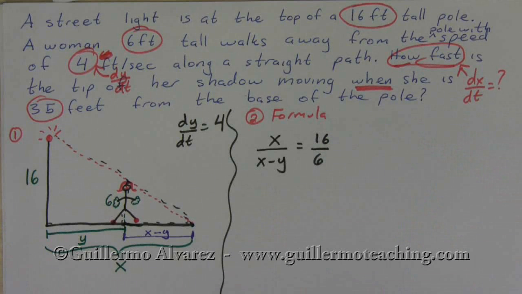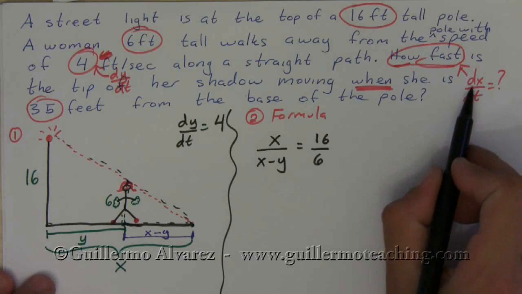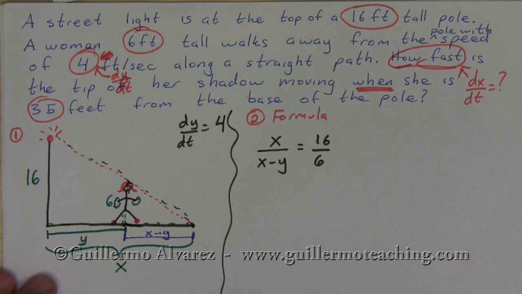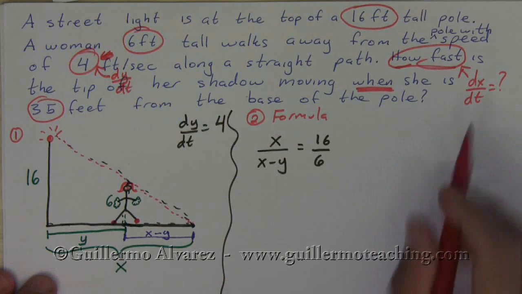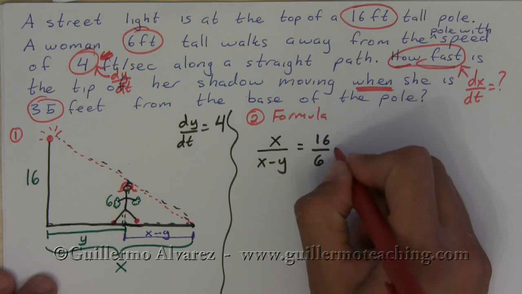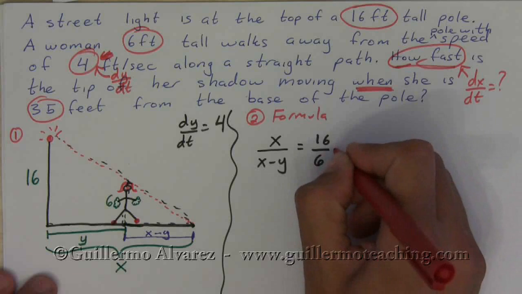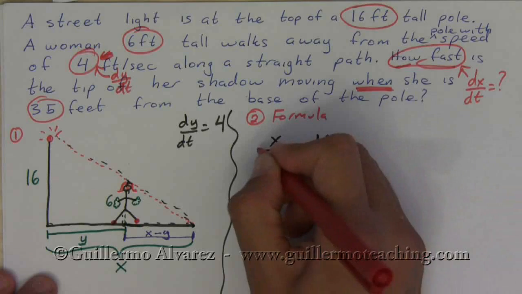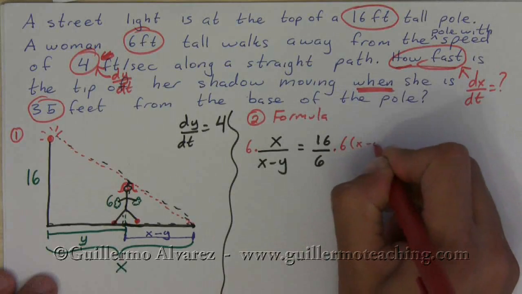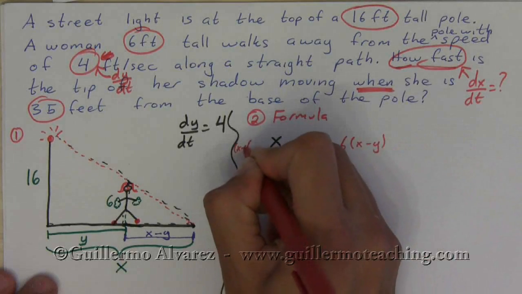Okay. Now, since the one that we're looking for is dx over dt, well, it would be smart to solve for x here. So why don't we get rid of all the fractions? We can multiply both sides by 6 and multiply both sides by x minus y.